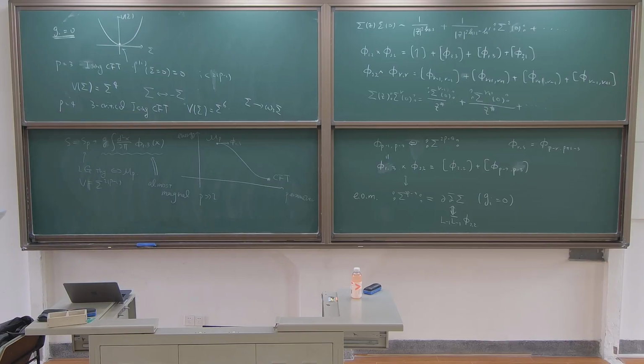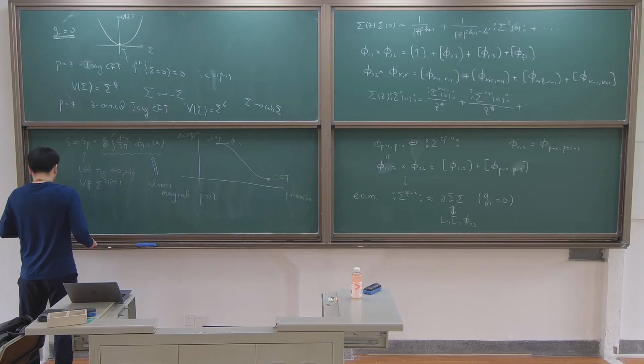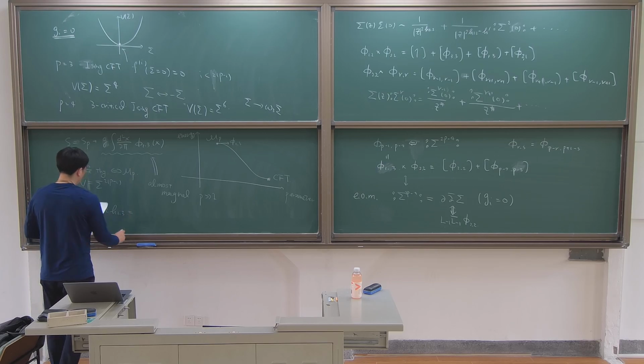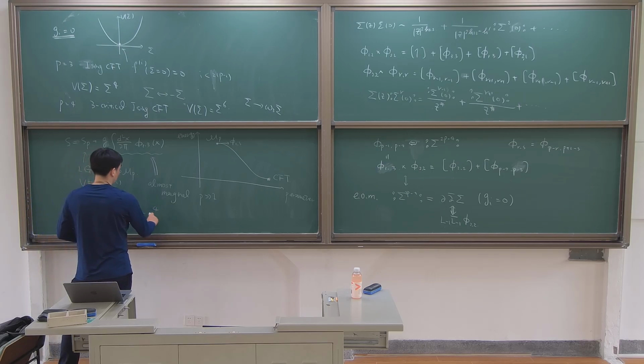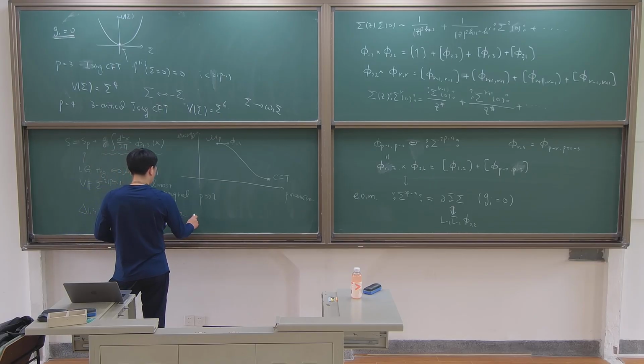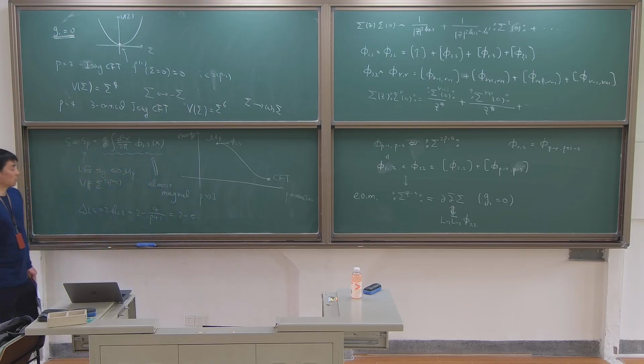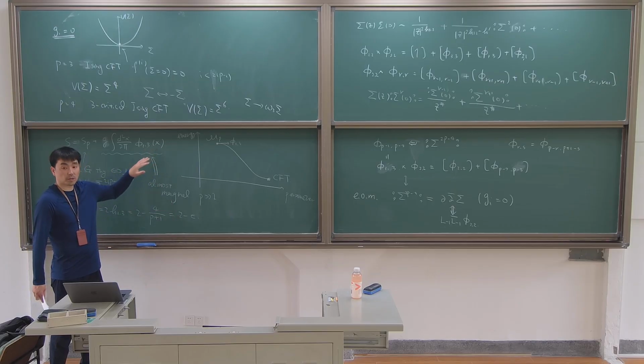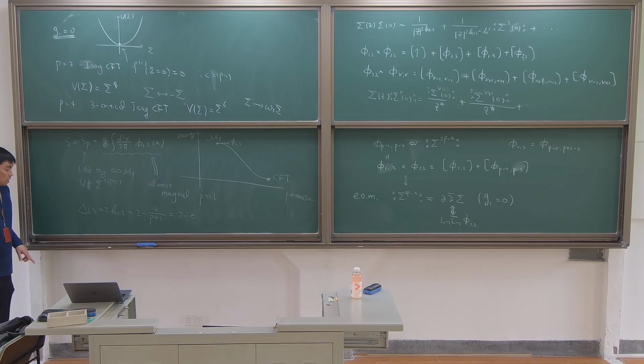If you compute the conformal dimension, phi_{1,3} is equal to 2 minus 6 over P, like this. So when P is very big, it's close to the conformal dimension 2. So it's an almost marginal deformation. That's the deformation we consider.